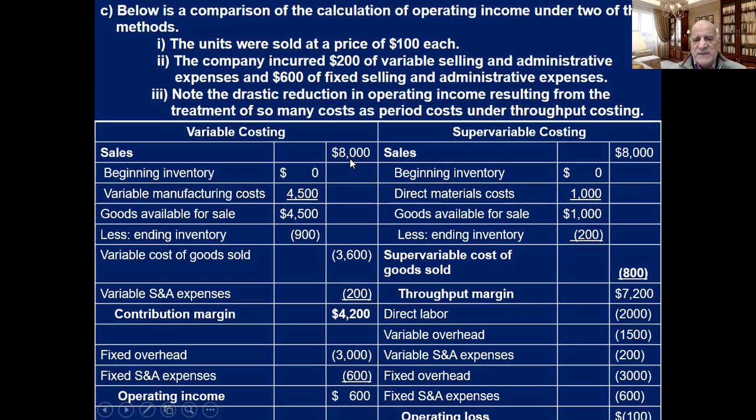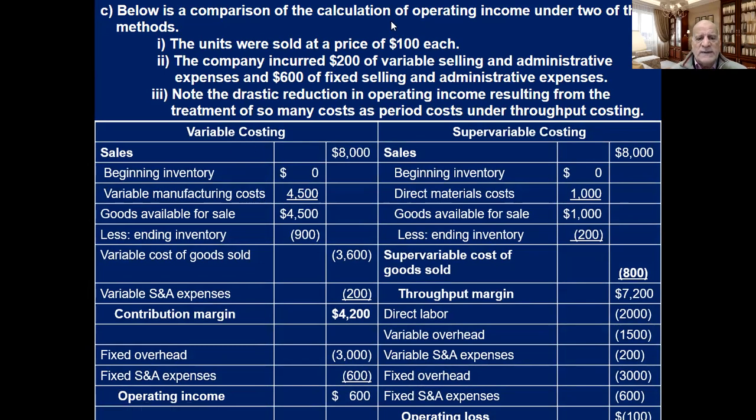We want to subtract from this figure the variable costs: variable manufacturing, and also variable non-manufacturing, selling and administrative. So we first compute beginning inventory, which is supposed to be 0, plus variable manufacturing costs. Under this method, only the variable manufacturing costs are computed as costs for products.